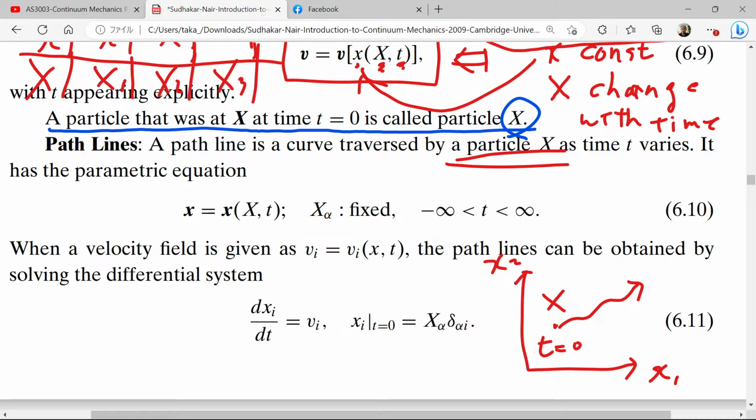When a velocity field is given by vi equals vi of x comma t, the path line can be obtained by solving the differential system. Very, very strange. Velocity field.